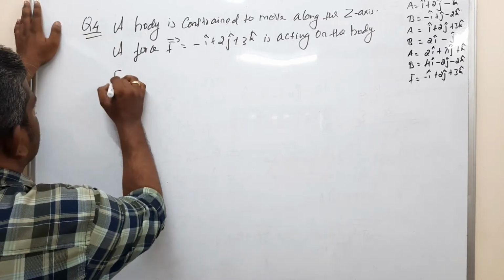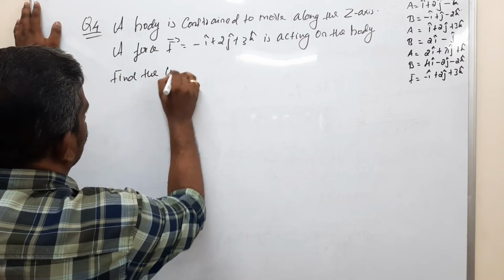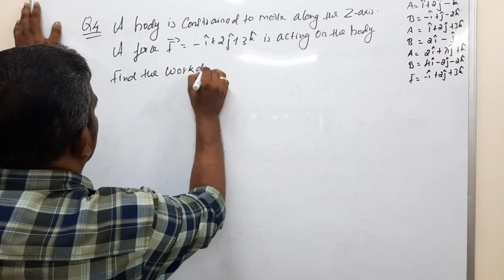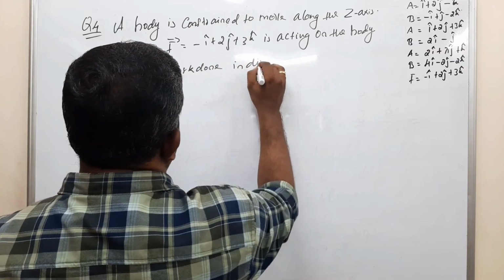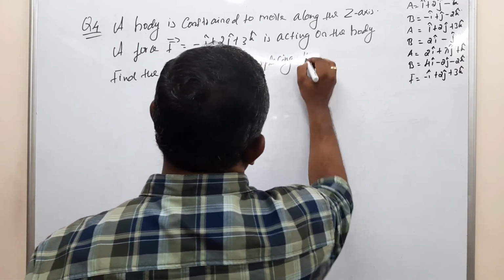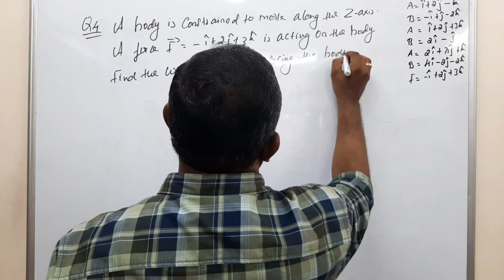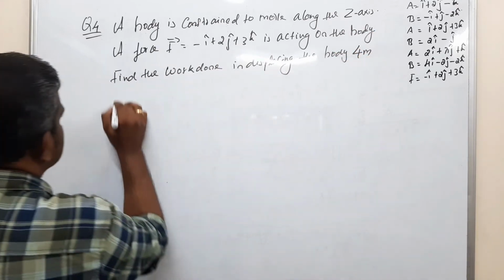So find the work done in displacing the body 4 meter along the z axis.